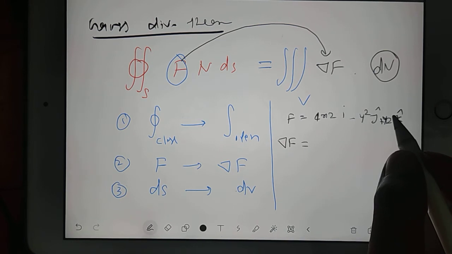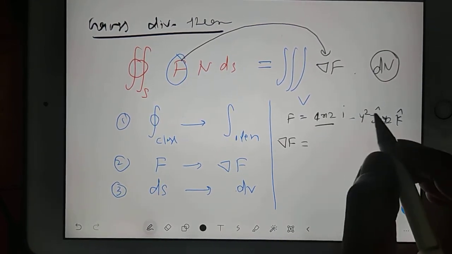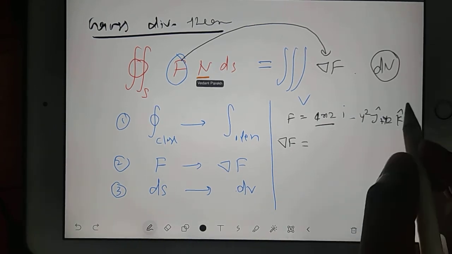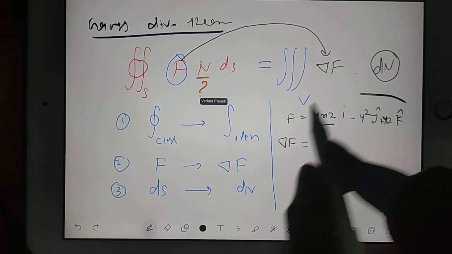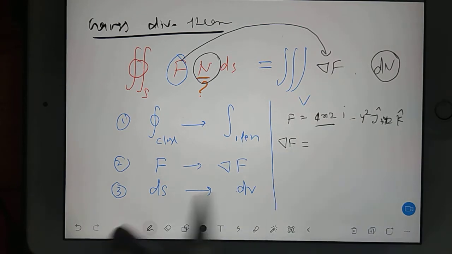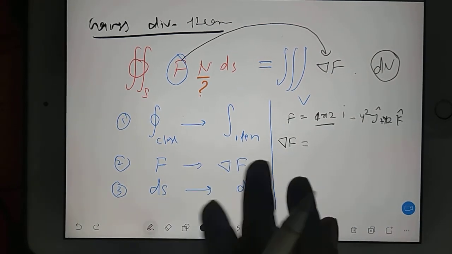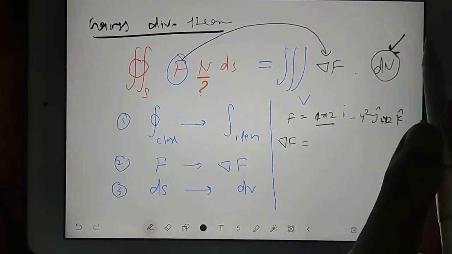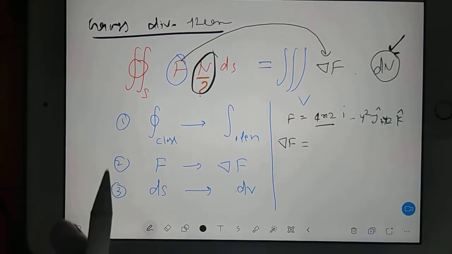How do I find it out? You know the procedure. Differentiate this part for x, this for y, and this for z. That n is just a direction, a unit vector, so n will go 1 when we convert into dV. So no problem.